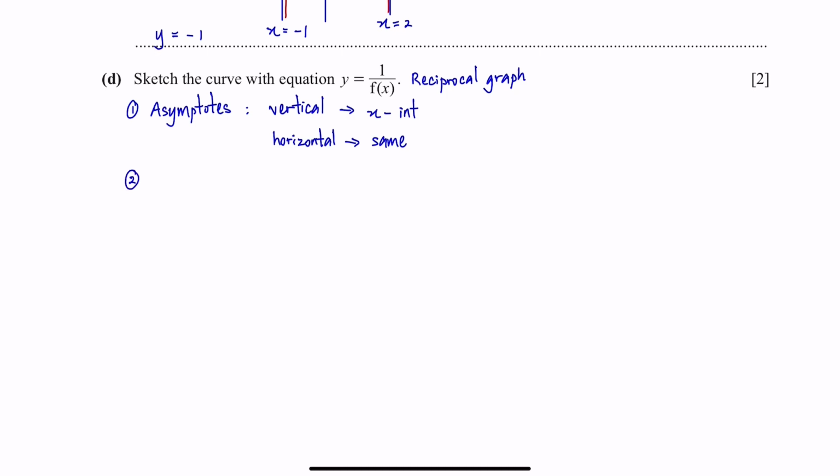Second, turning point, or stationary point. For the x-coordinate of the turning point, it stays the same. But for the y-coordinate of the turning point, you need to flip the fraction.